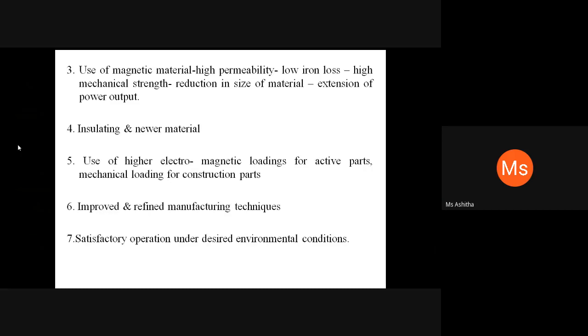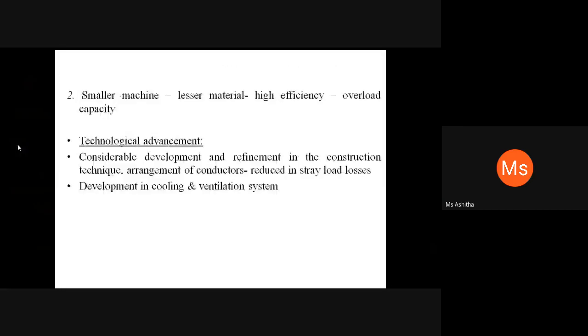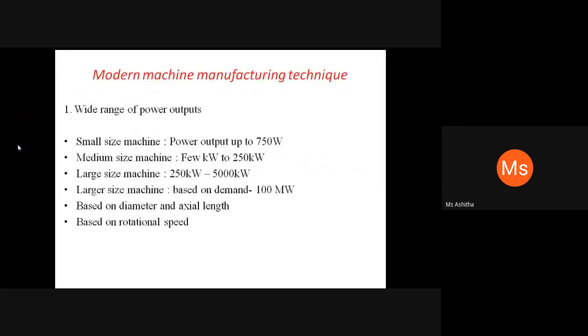And the fifth one is that machines are designed for satisfactory operation under the desired environmental conditions. So these are the different modern machine manufacturing techniques.